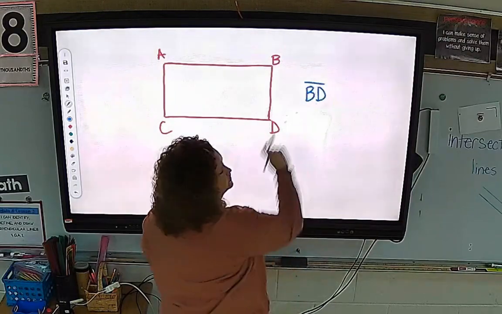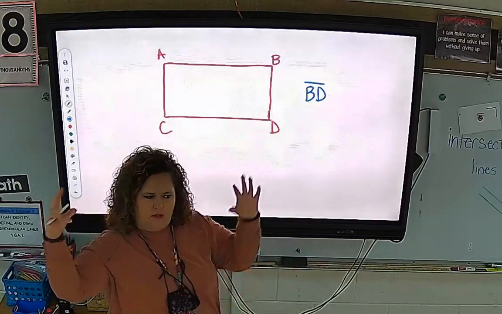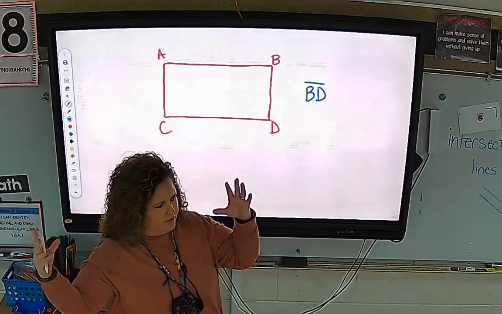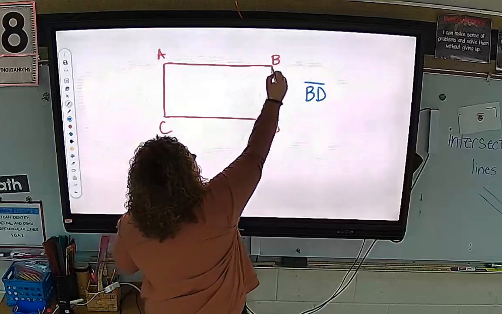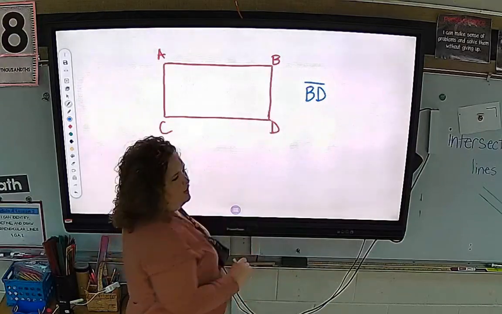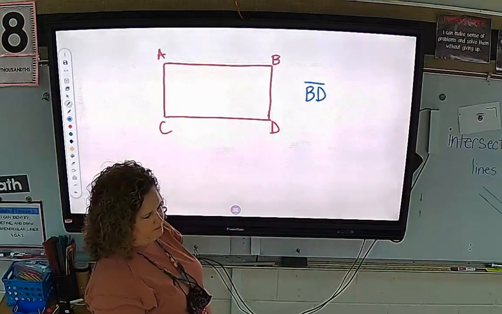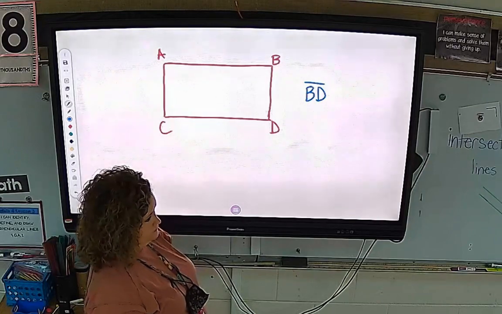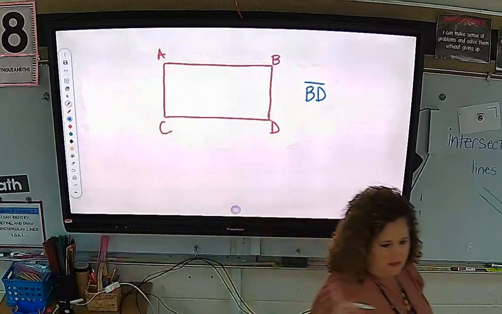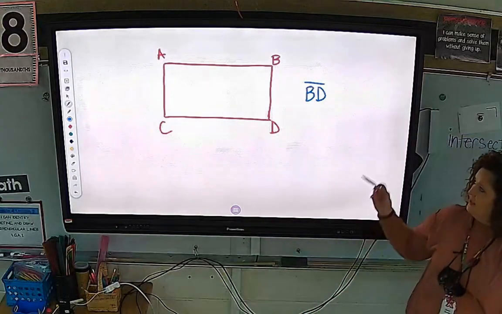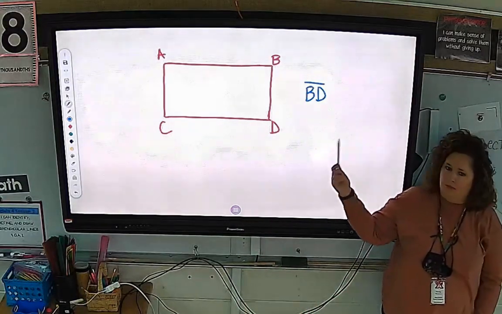Sometimes it's just got the flat line on the top and not the arrows. Our book will do that. Line BD is right here, right? What line is parallel to BD? There is a line in that shape that is parallel to BD.